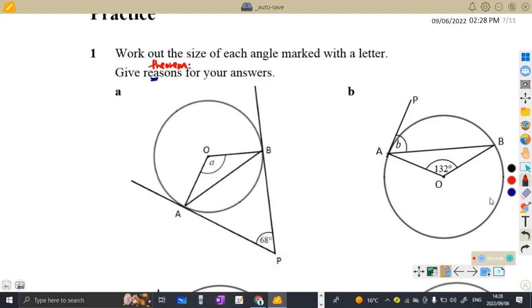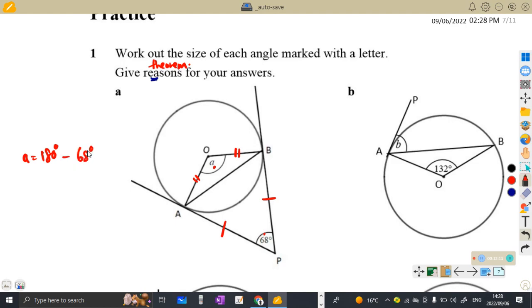So the first part, we want to calculate A. As you can see, this is our A, guys. Remember that concept that we had about two tangents from an external point of a circle. We said these two will be equal in length, and these two will be equal in length. And we saw that it's a kite, so these two angles must add up to 180 degrees. So to find A is going to be 180 degrees minus 68 degrees.